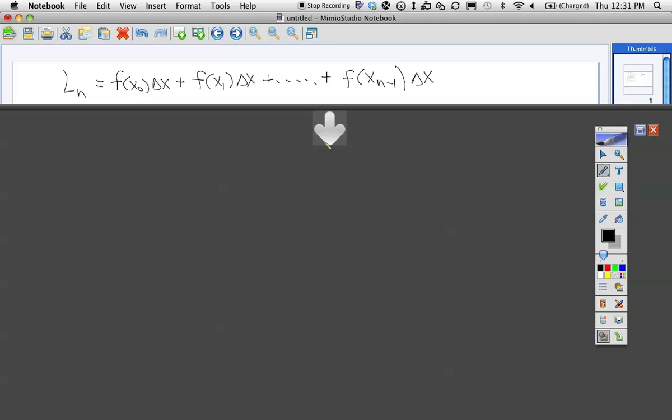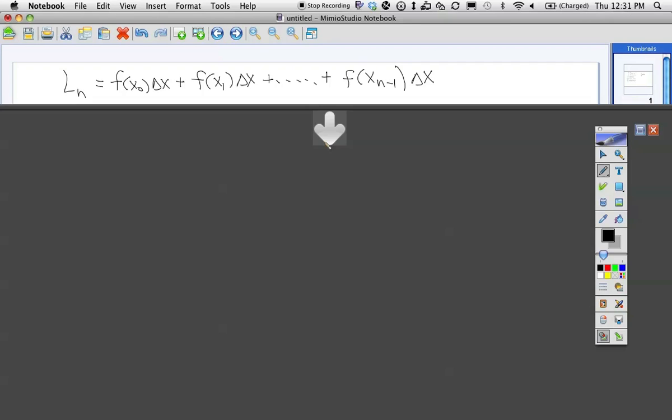In a general left sum, your far left endpoint is the first one you go with, right? And that would be x sub 0. So you're going to check at the far left edge, x sub 0, check that height times the width. And then you're going to go f of x1, which is the next width over, check the height there, and x sub 2, and x sub 3, and then finally you'll end at f of x sub n minus 1, right? One short of the far right edge.